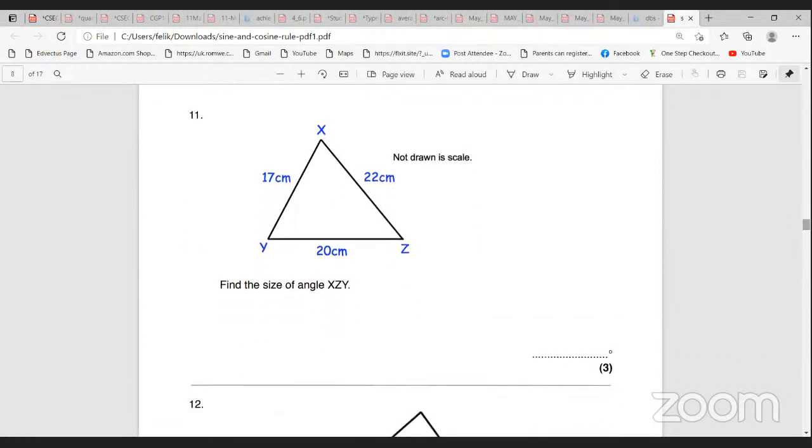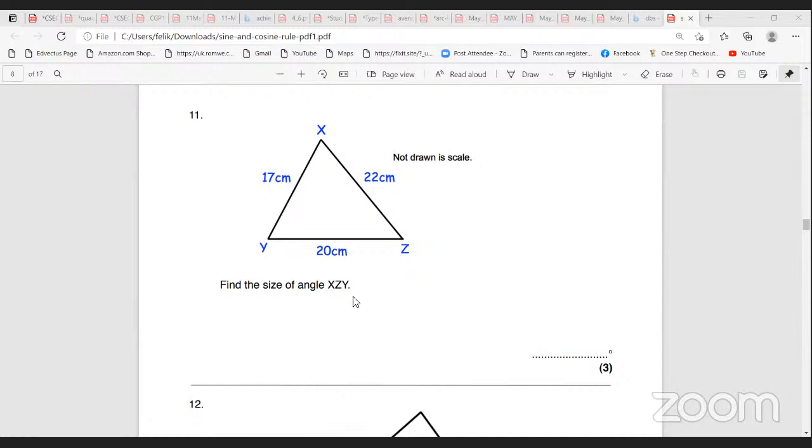Let's go with number 11. First things first, I'm not doing the question. Just as you did before, where about three or four persons gave an input, I'm expecting more persons to give their input.